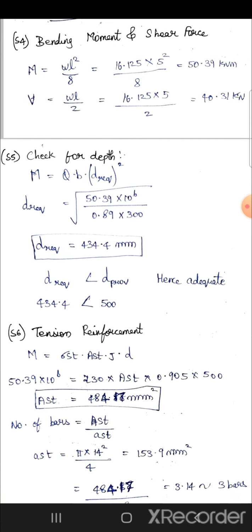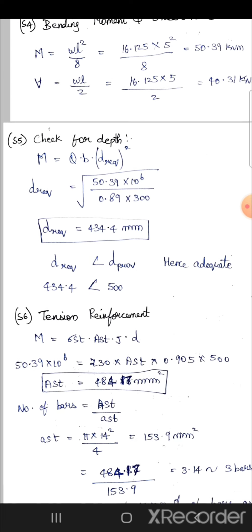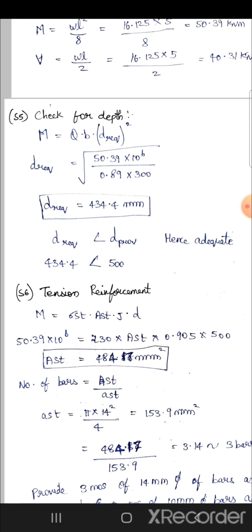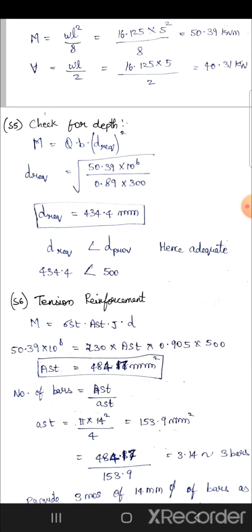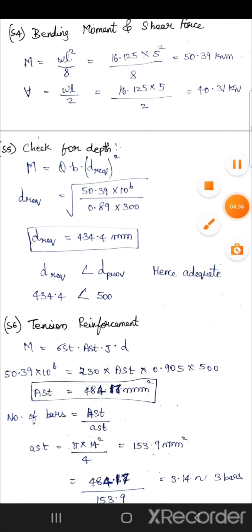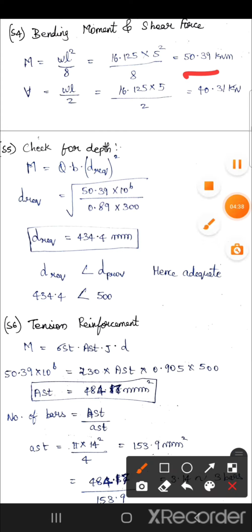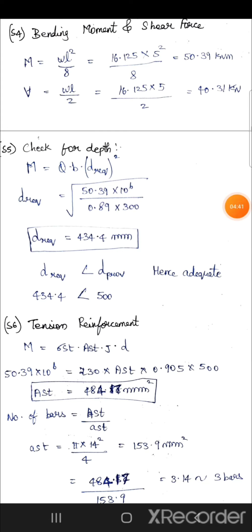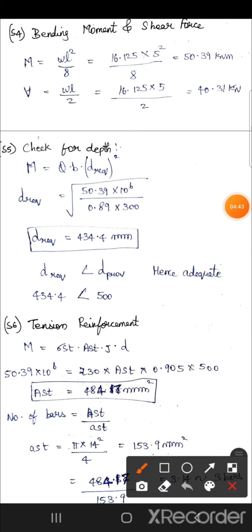Next step is check for depth. So the formula for check for depth is depth required equal to root of M by Q into B. M value is bending moment answer 50.39. Q value is taken from design constant and B is breadth.